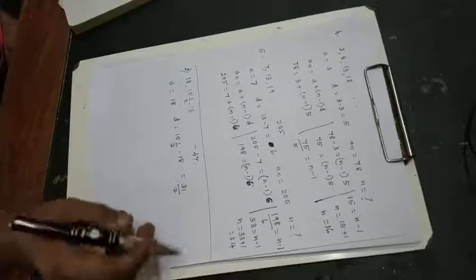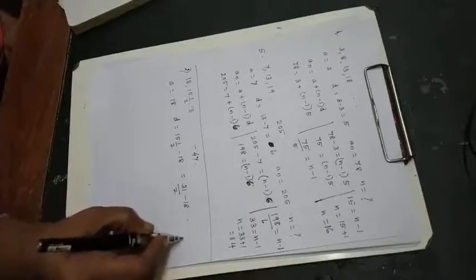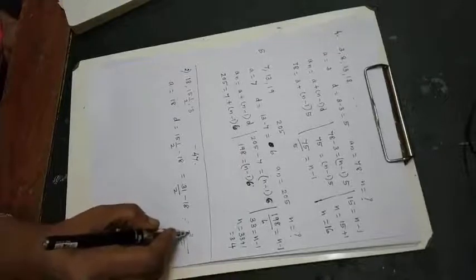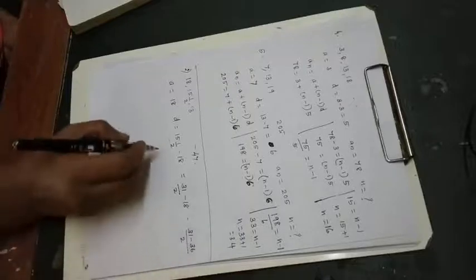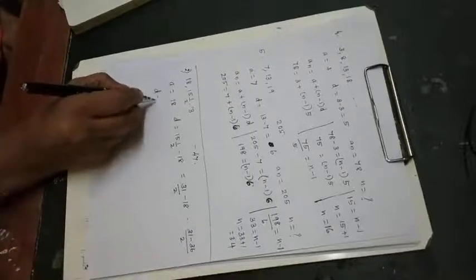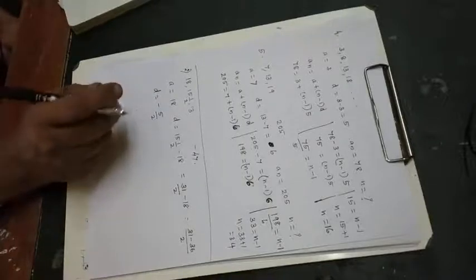So take LCM 2. 31 minus 36 by 2, or d is equal to negative 5 by 2. Negative 5 by 2 means negative 2 and a half.